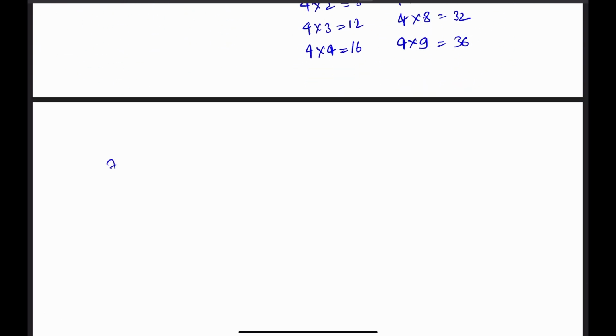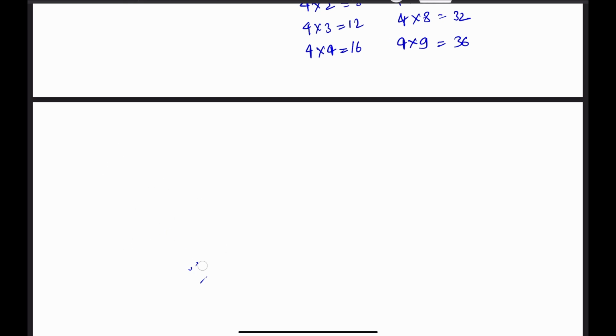If I take 7 since, and is it repeated? No, nothing is repeated.